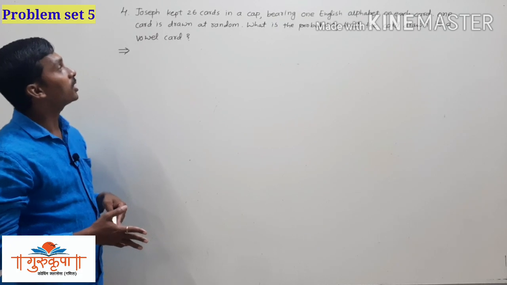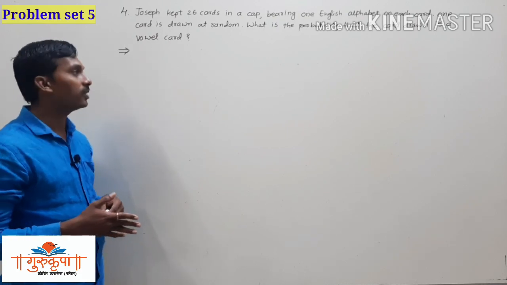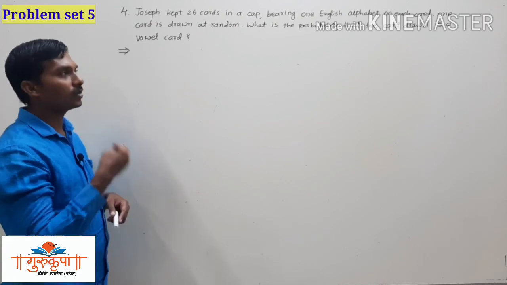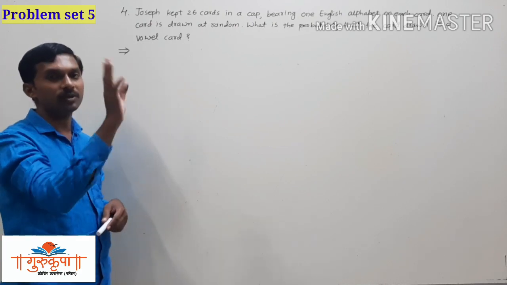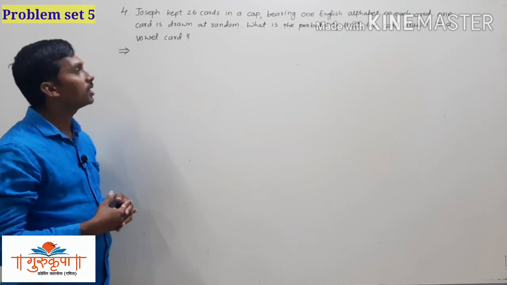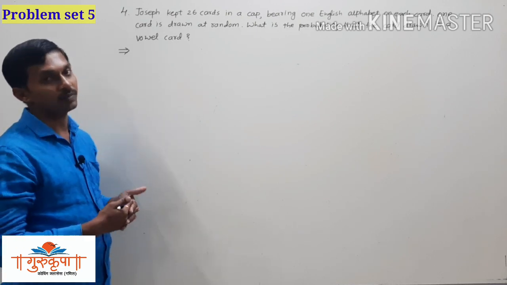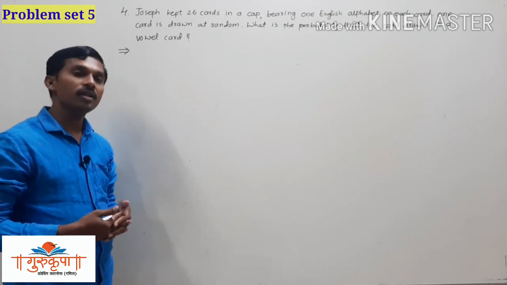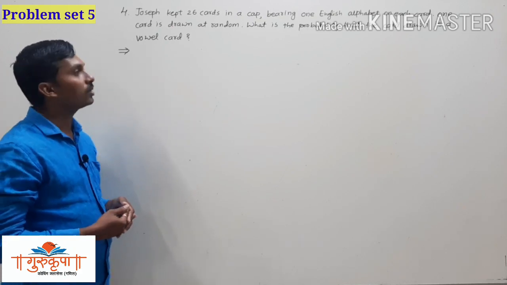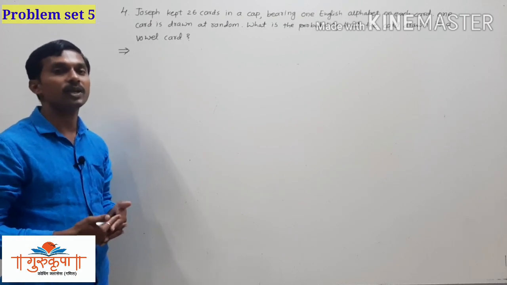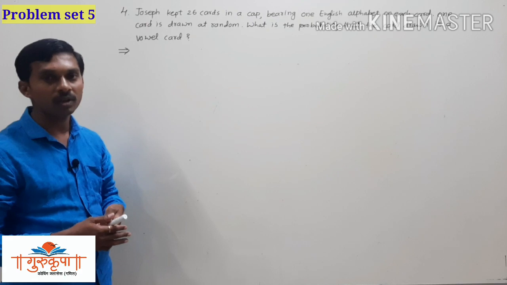So first of all we will write the random experiment, then we will write the sample space in set form, and you can directly write the number of sample points is equal to 26. Then let A be the event that the card drawn is a vowel card. So there are 5 vowels in the 26 alphabets, so number of A is equal to 5, and then probability of A is equal to number of A upon number of S, that is 5 upon 26.